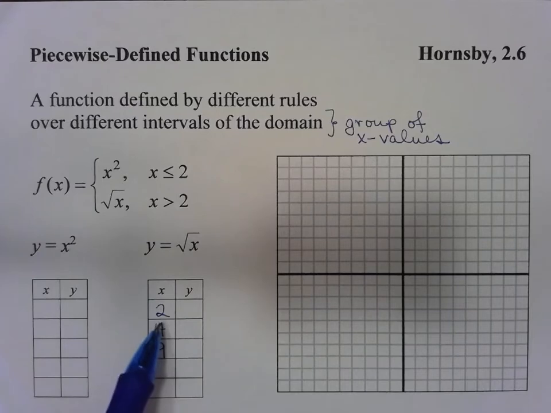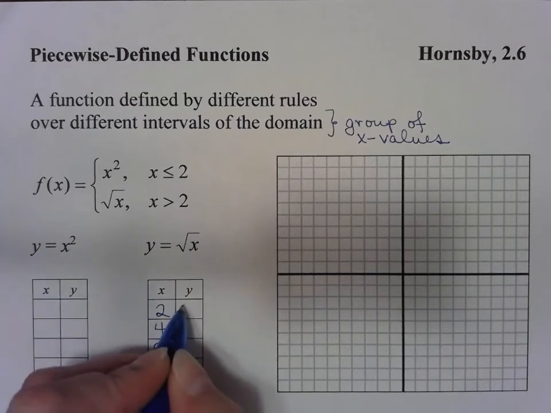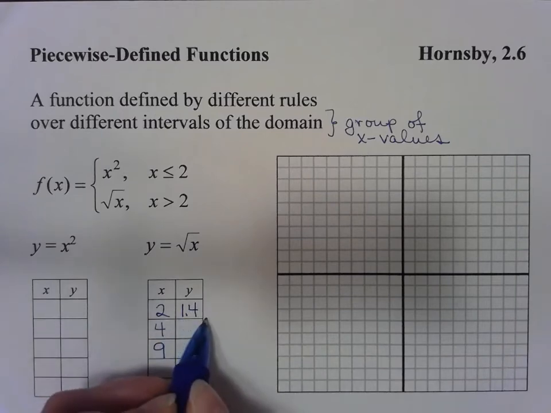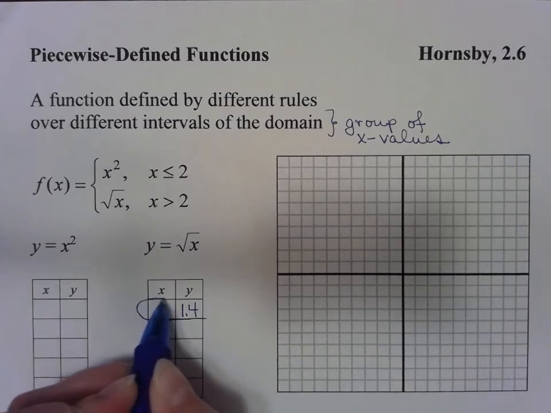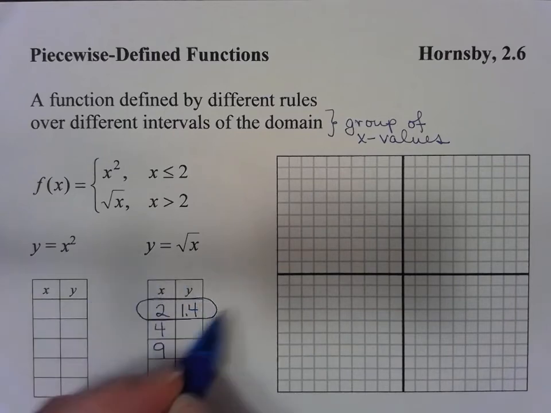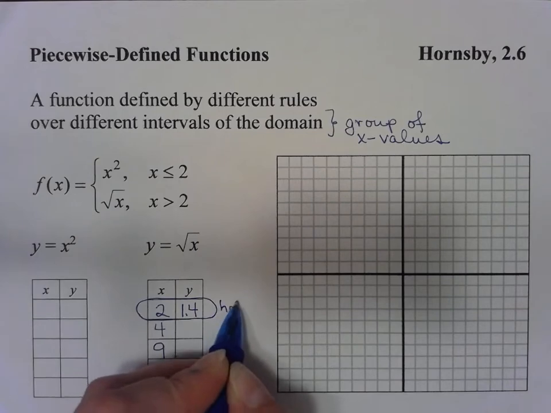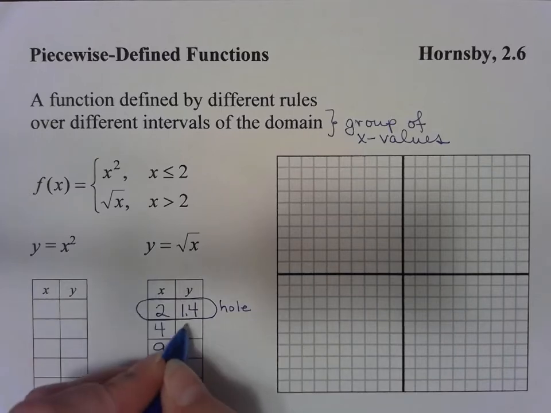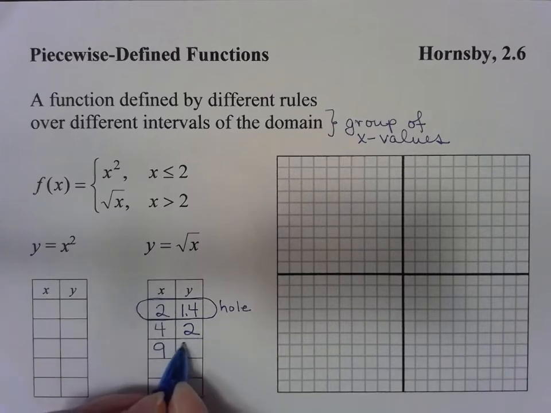So we take the square root of 2, we can use our calculator for that, and it comes out to about 1.4. I always like to circle this one because this is technically not included in this piece. And so we're going to draw it as an open circle or a hole. If I plug in 4, the square root of 4 gives me 2. The square root of 9 gives me 3.